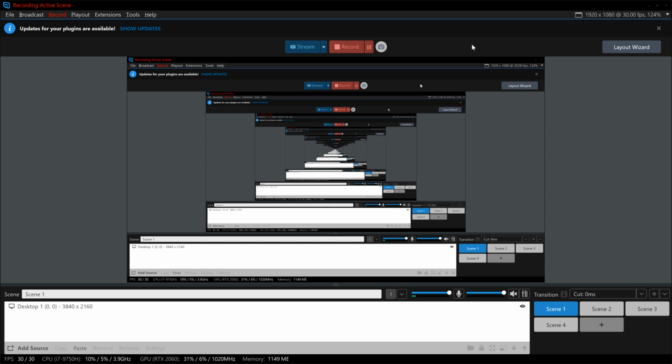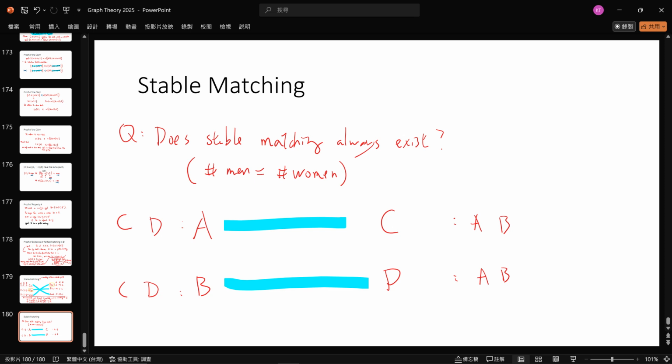So now let's go back to this question. Do you think it is always possible to find a stable matching? So now it seems like this problem has less constraints, less limitation, right? Because even if you have conflicts, it is still possible to find a stable matching.